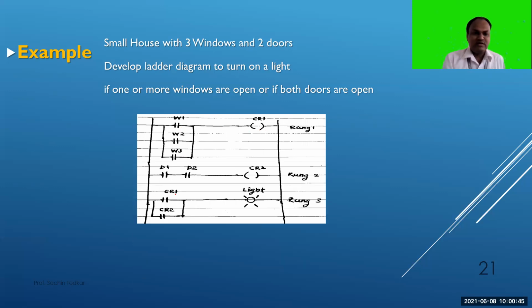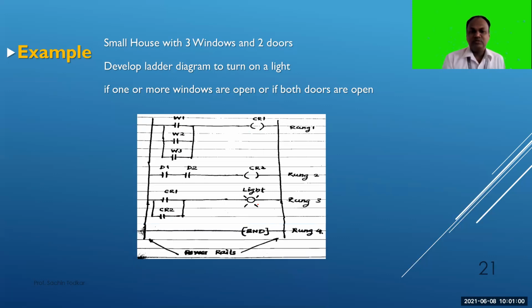Then if control relay 1 or control relay 2, any one of these is started, then your light should be on. So this logic cannot be taught in any book. You have to develop your logic. What you have to do is think in the way of a software programmer. In that way, you can solve this type of numericals.